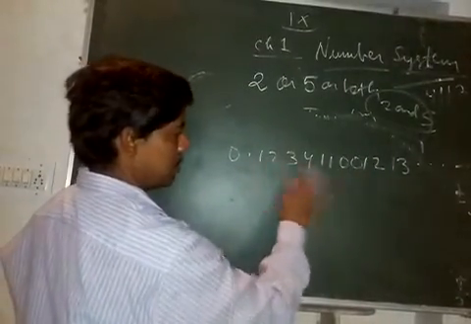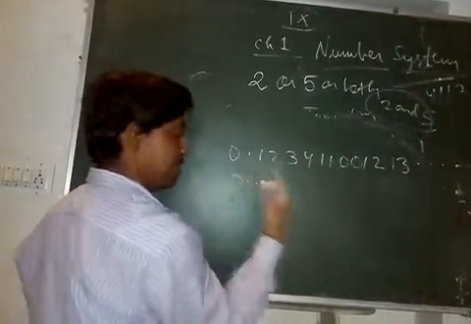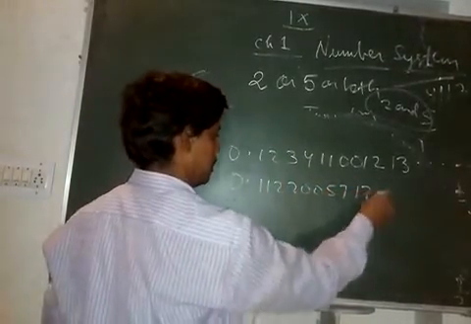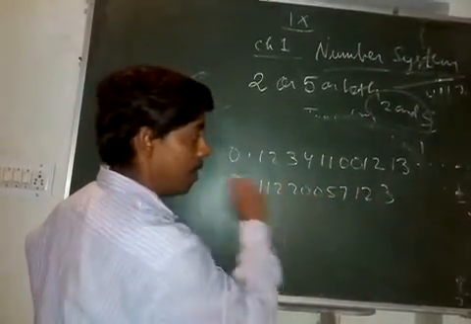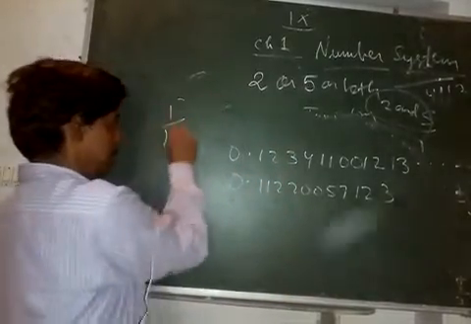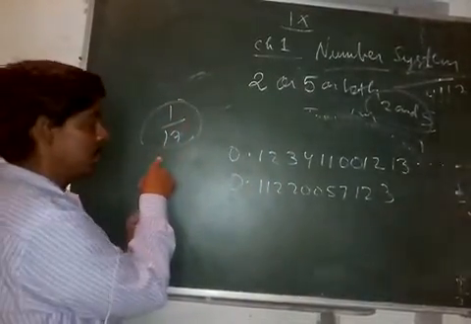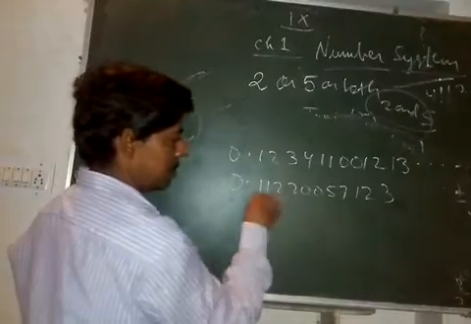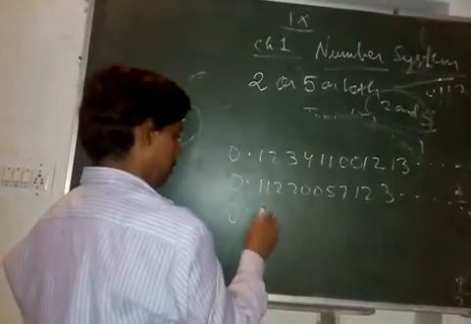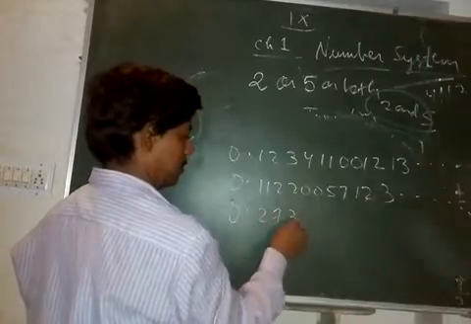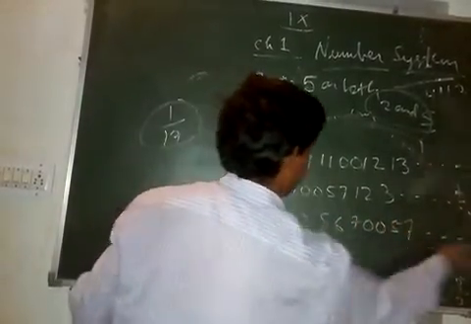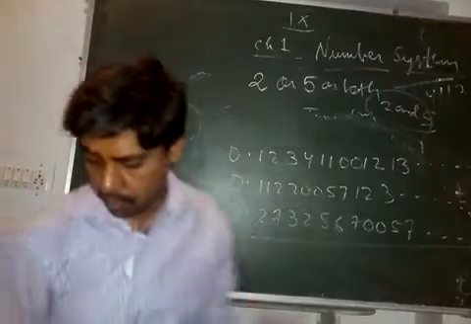Just make sure nothing gets repeated. Write anything you want, like 0.1122005723. No pattern. You cannot put a bar on any pattern as repeated. For example, in 1 by 17, we know after 16 digits it repeats. But here you should make sure that nothing repeats. Put dot dot dot. Another is 0.27325670057 dot dot dot. This way you can write as many answers as you want.